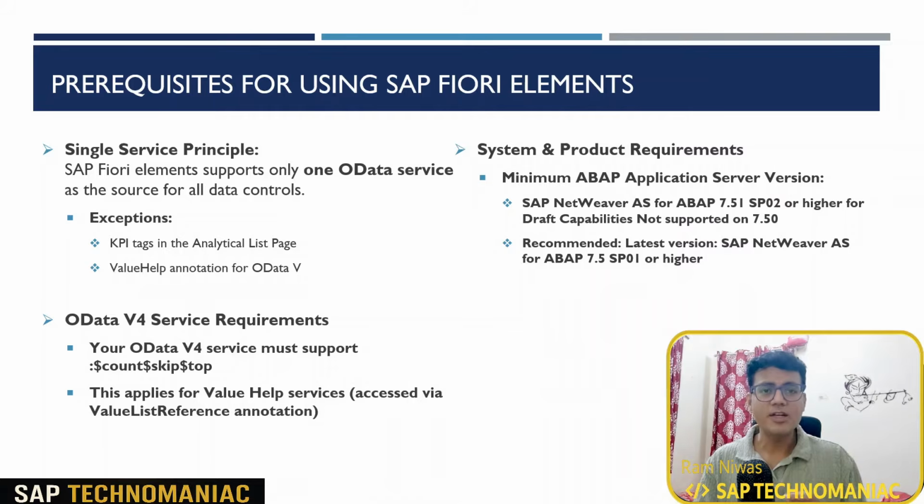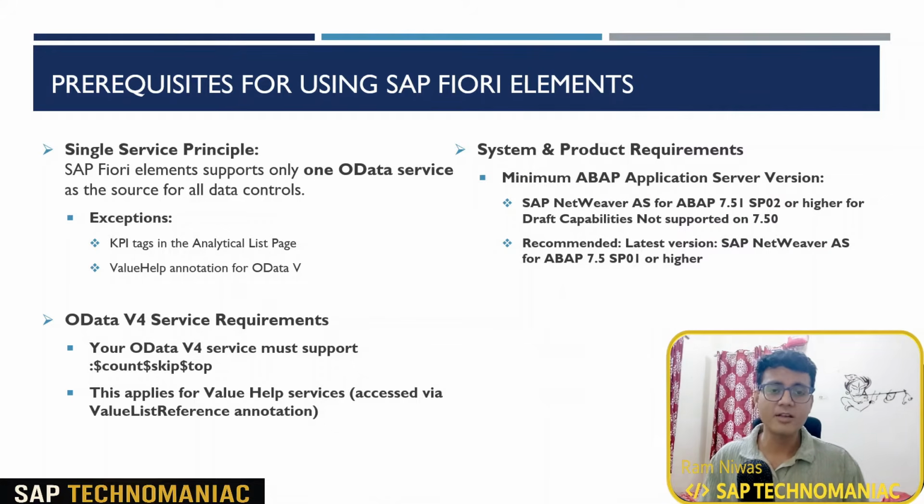Third and most important thing, the system requirement. Your ABAP system should be 7.5 and support package 1 and above, then only you can create the Fiori element application. And if you want to use draft capabilities, then your ABAP system NetWeaver version should be 7.51 and support package 2 and higher. So these are the prerequisites you have to make sure of whenever you develop any Fiori element application.